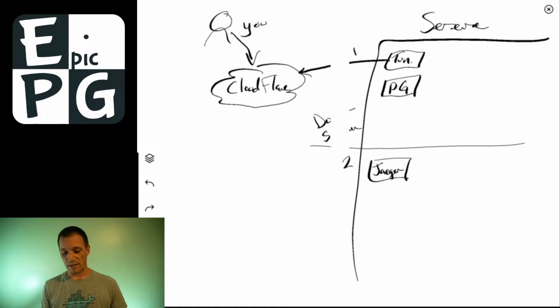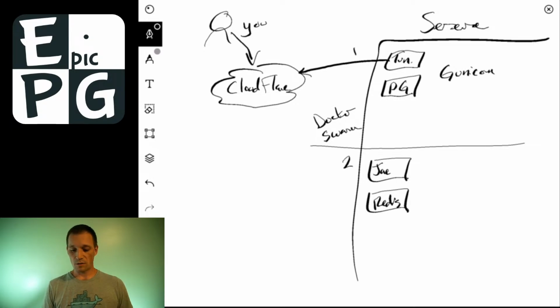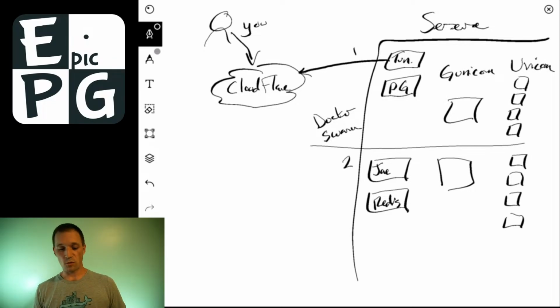We've also got Redis, which is pretty standard for caching in Django. We also have Gunicorn running on both of those virtual machines, and then Uvicorn, which there are 8 of these containers running, 4 on each of those virtual machines.